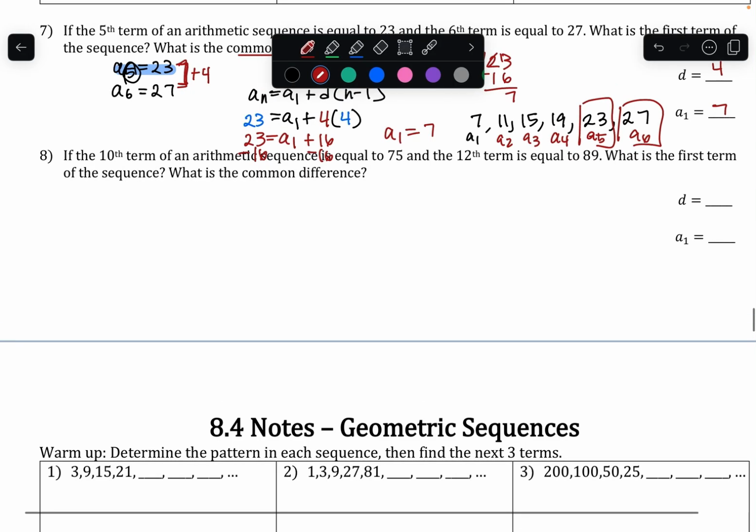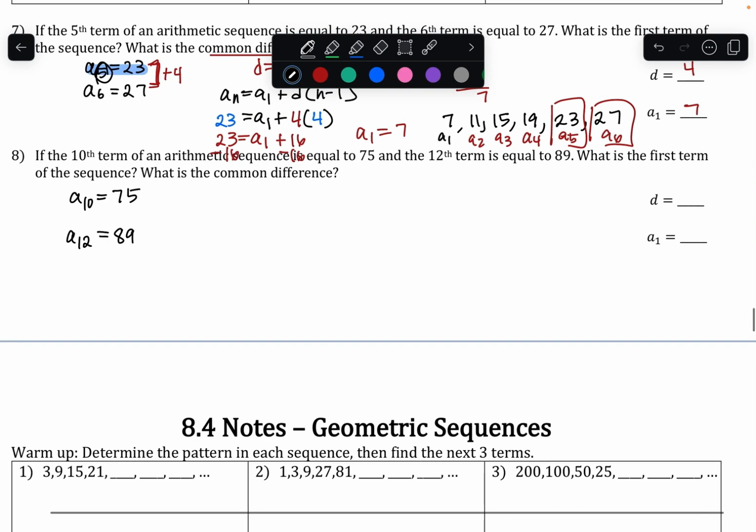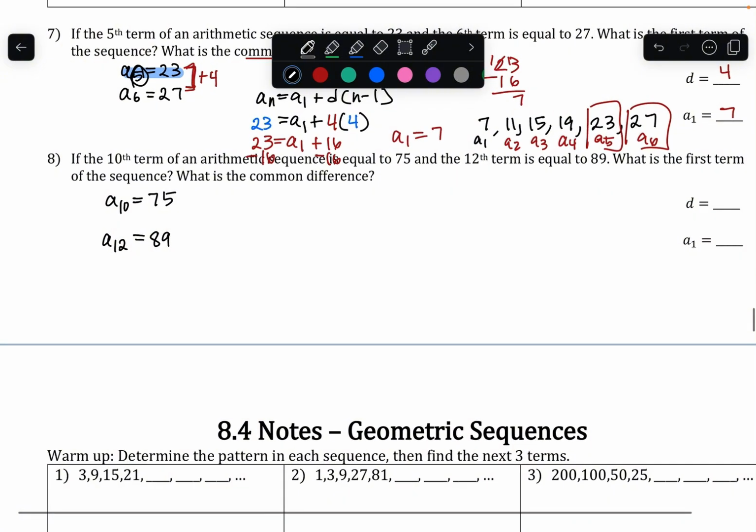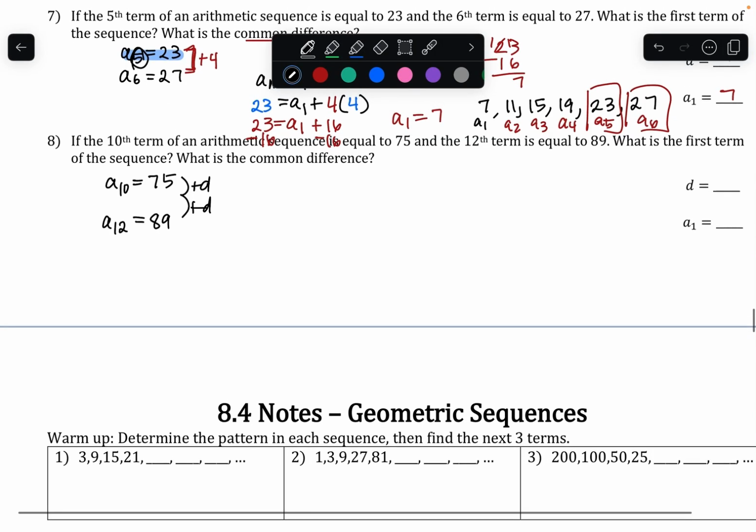Okay, number 8, if the 10th term of an arithmetic sequence is equal to 75, and the 12th term is equal to 89, what is the first term of the sequence and the common difference? So here we don't have consecutive, so I've added D twice to get to the 89.